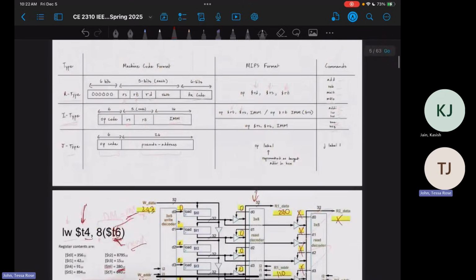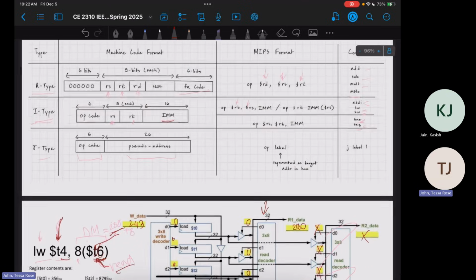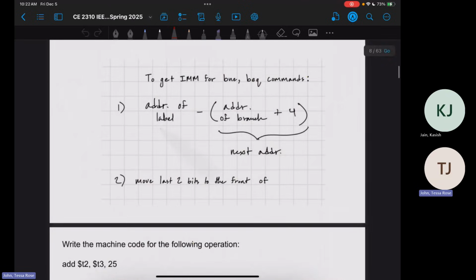So if we go back here, right, for the BNE and BEQ, we have an immediate number. So you have to memorize this one. This is just the address of the label minus the address of the branch plus 4. You have to memorize this. And then when you do the IMM, you're going to get a binary number, right?